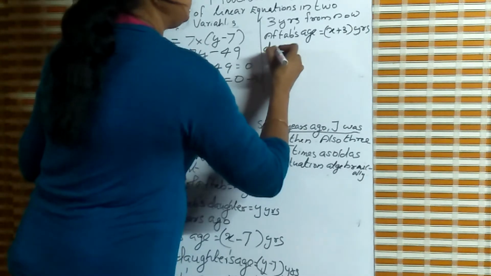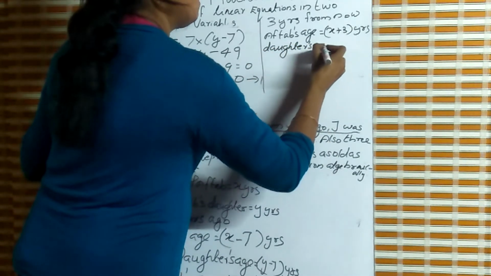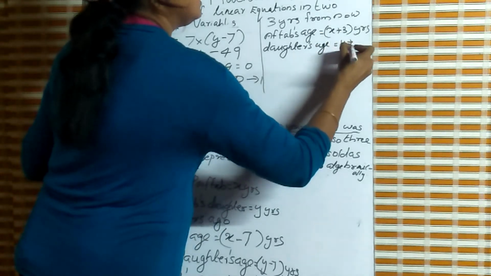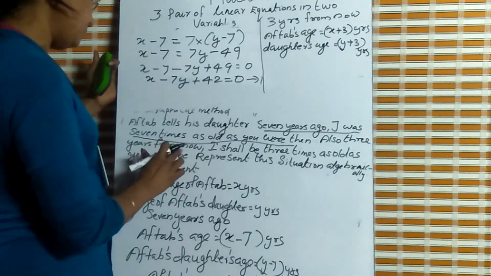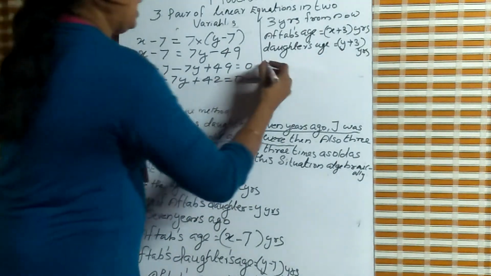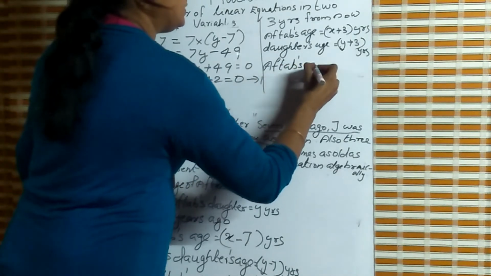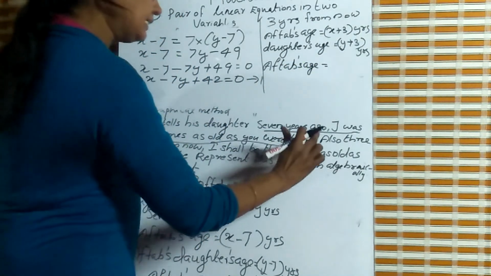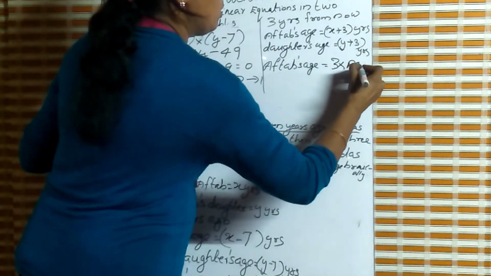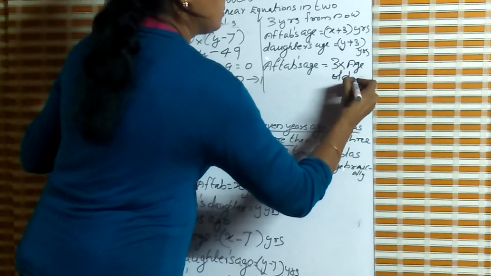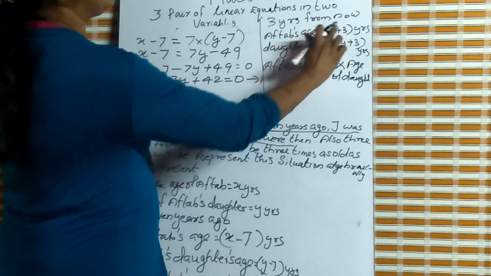And daughter's age is y plus 3 years. What is the condition given? 3 years from now, I shall be 3 times as old as you. I here is Aftab. 3 into the age of daughter. What is Aftab's age after 3 years?